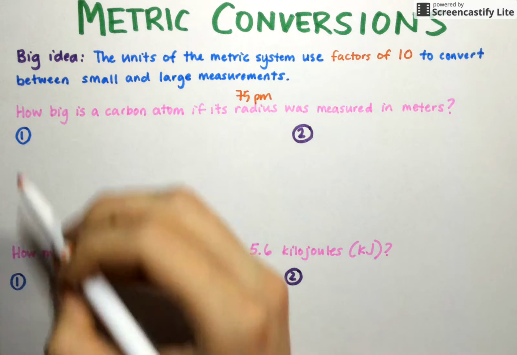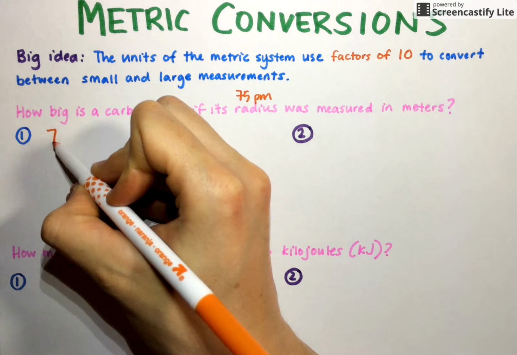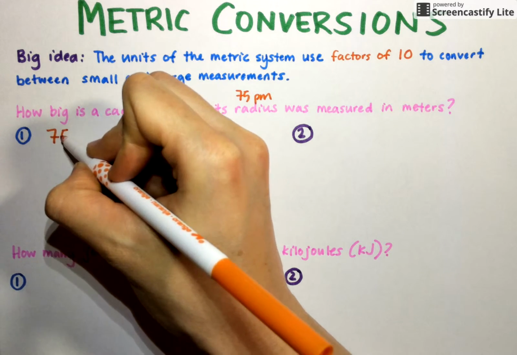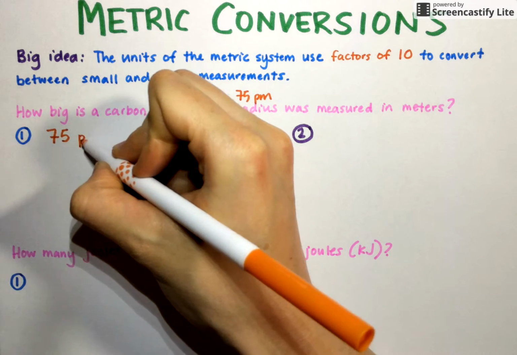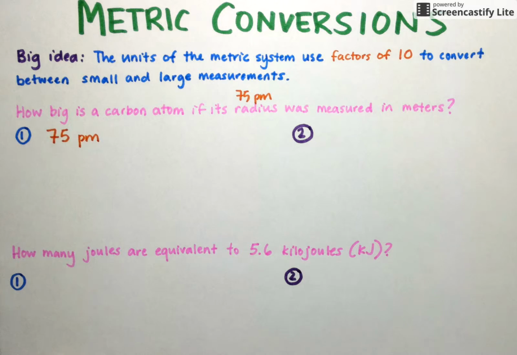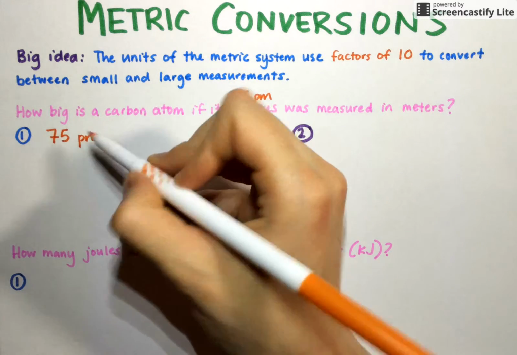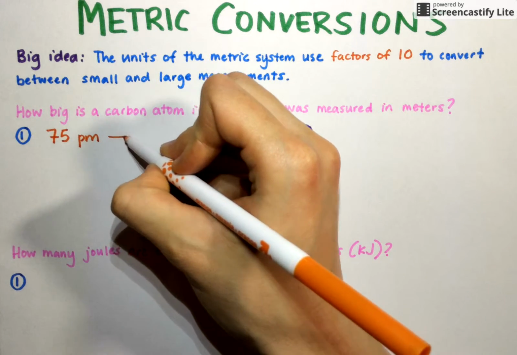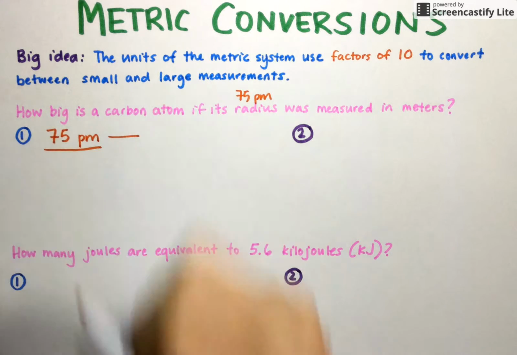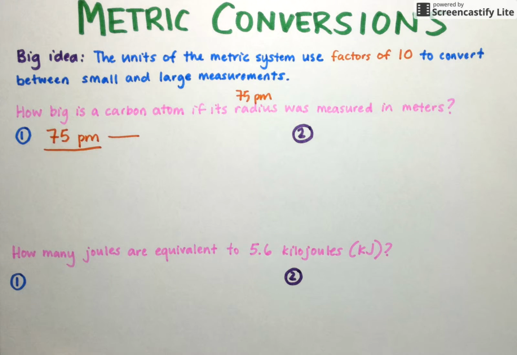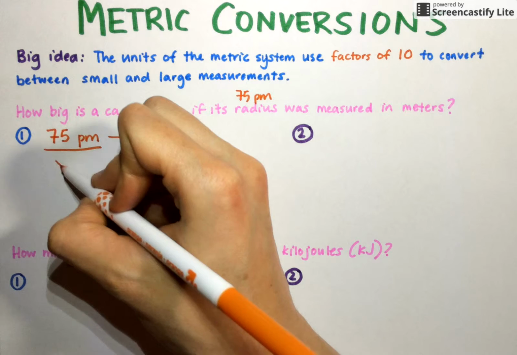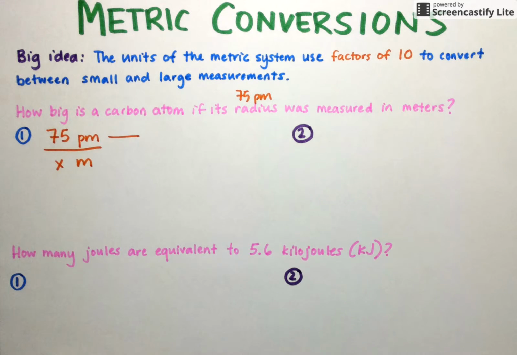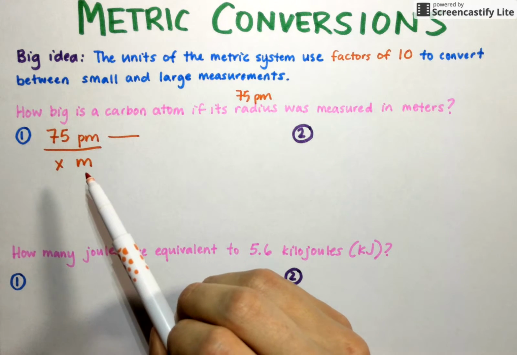So I'll start with just a simple cross multiplication setup. I know that I have 75 picometers, and I don't know how many meters 75 picometers is, right? We aren't 100% sure. So we have this relationship that 75 picometers is some number of meters.